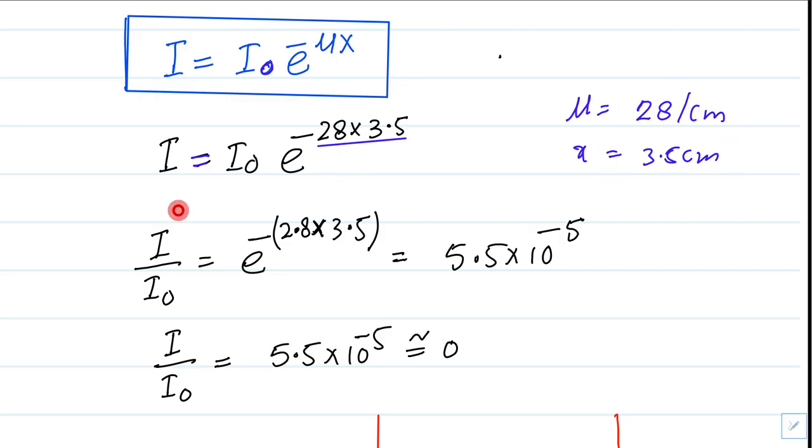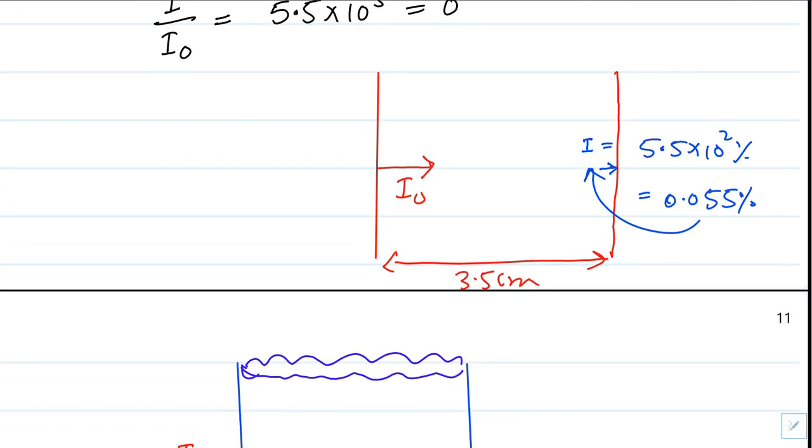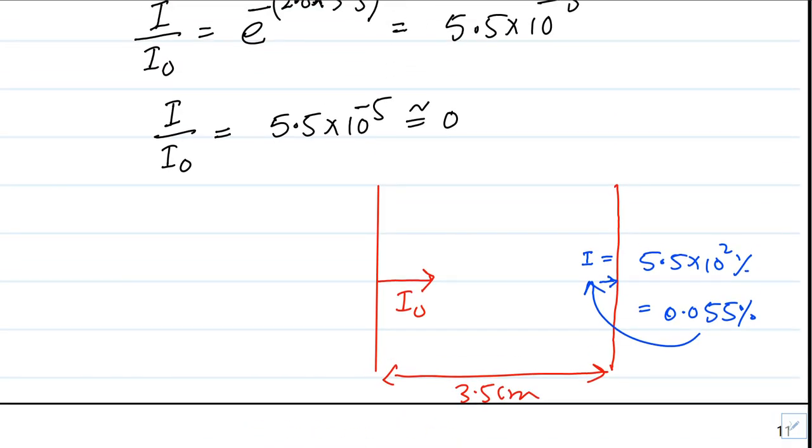Now apply this here. I is equal to I naught e power minus 28 times 3.5. So just shift this I naught over here. This shows that I divided by I naught is 10 power minus 5. Almost nothing has been transmitted.